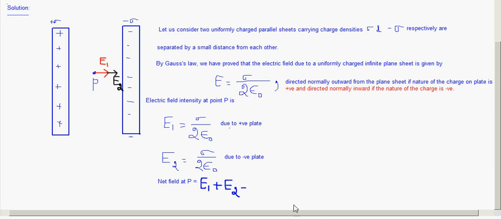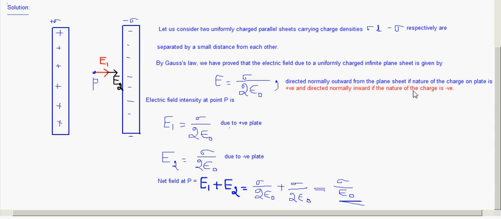It's equal to sigma by 2 epsilon naught plus sigma by 2 epsilon naught, which is equal to sigma by epsilon naught. So the uniform electric field is produced between the two infinite parallel plane sheets of charge, which is directed from positive plate to negative plate. Sigma by epsilon naught is the electric field.